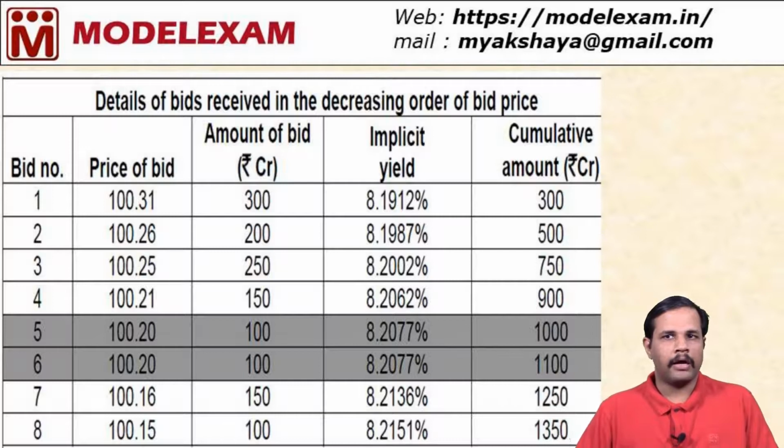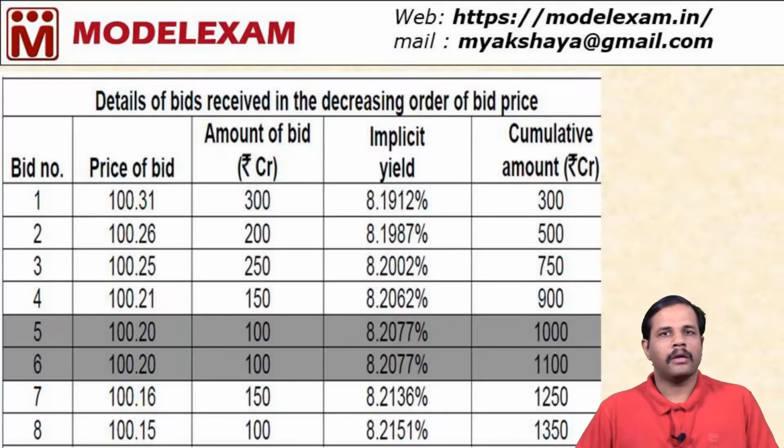Whereas the 5th and 6th bidders have quoted the same price, that is 100.20, which is the cut-off price here, and they have quoted the same amount, 100 crore. Now the total amount remaining is only 100 crore. So the allotment shall be done on a proportionate basis, that is pro rata basis. Each of the 5th and 6th bidders will get 50 crore worth of government securities. So this is how the allotment is done.